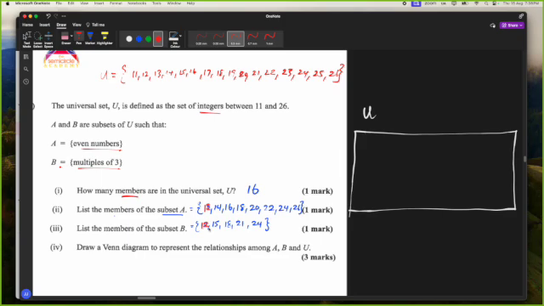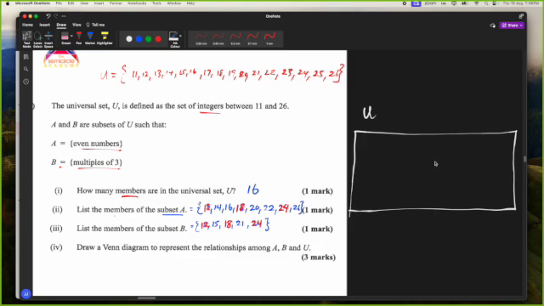Both of them have 12. Both of them have 18. Both of them have 24. So that's 3 numbers in the intersection there.